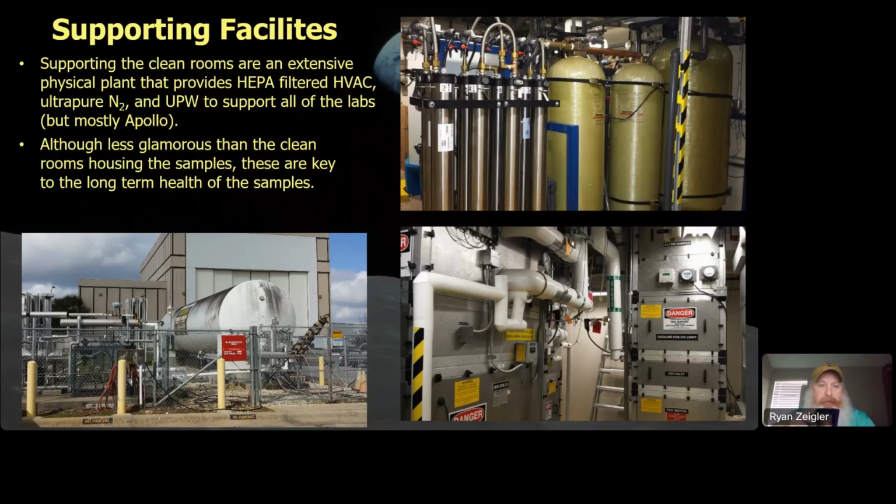And then, of course, we have our ultra pure water system, which is how we clean our tools, how we clean our cabinets, and the things we need to put around the samples to keep them clean. And so it's probably more work to keep all of these going and supporting the labs than it is to actually run the labs themselves. And so it's worth talking about.